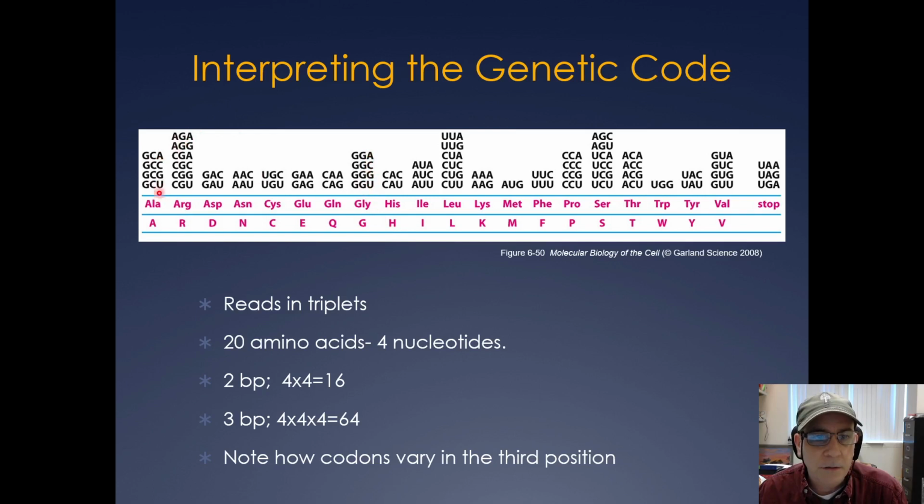There are instances where they vary in other positions as well, but in most instances, the first 2 are the same, and then they can vary in the 3rd position, like you can see for proline and valine, threonine, glycine, and alanine. And then some of the others are just used a couple of times.